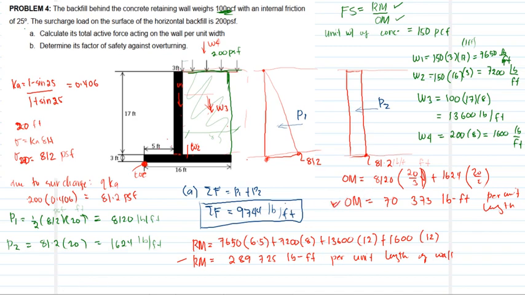So, masosolve na natin yung ating factor of safety against overturning. So, that is equal to resisting moment over overturning moment. So, resisting moment, 28,725 over 7,373. Ang magiging factor of safety natin ngayon is equal to 4.12. So, this will be now our answer for letter B of our problem number 4.